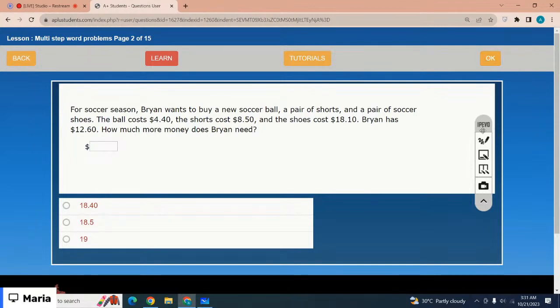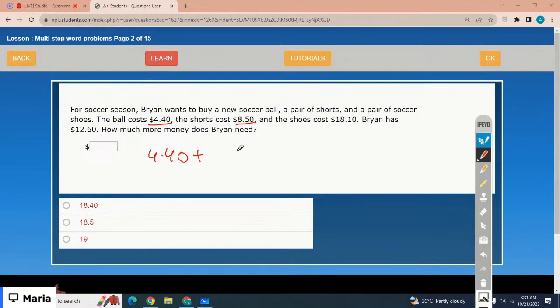Okay, let's just see the cost of all these things together, right? 4.40 for ball plus 8.50 for shorts and 18.10 for shoes, right? That is the total money he needs. Let's just add them. 4.40, 8.50 and 18.10. That means the total amount he needs is 31.